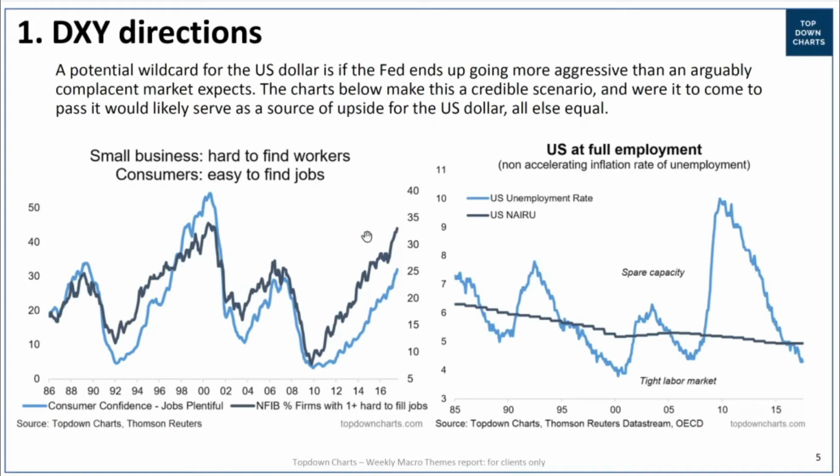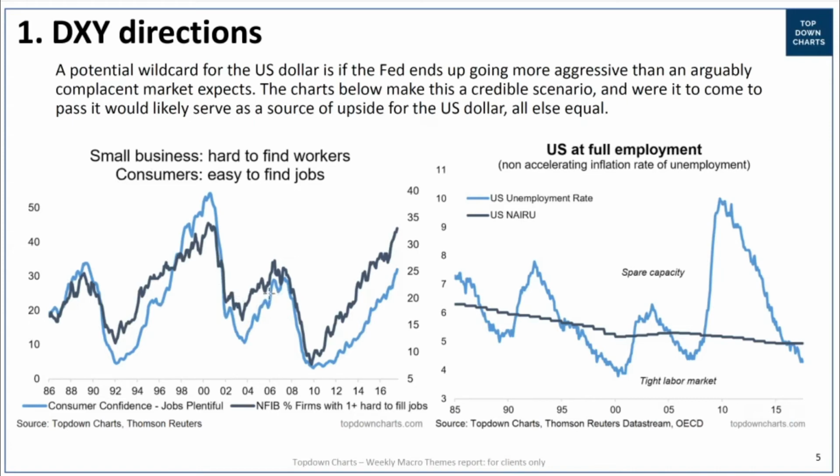Small businesses are saying it's hard to find workers, consumers are saying it's easy to find jobs. And they're saying that to the extent of the likes that we saw at the peak of the business cycle in the previous two rounds.